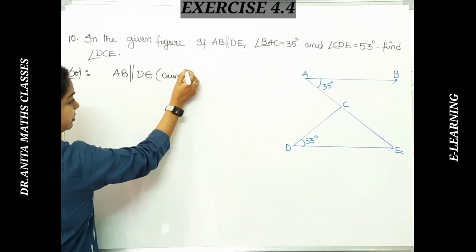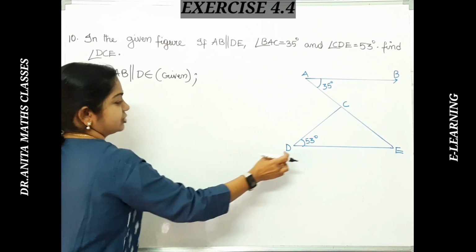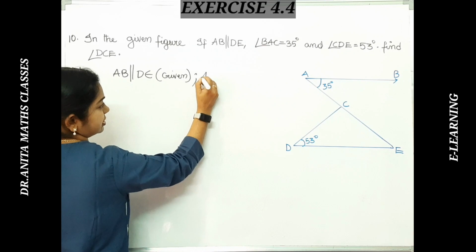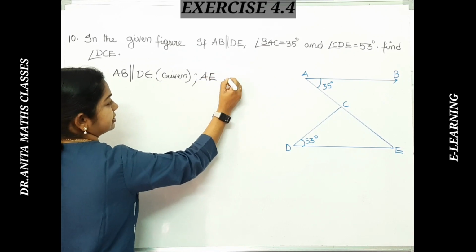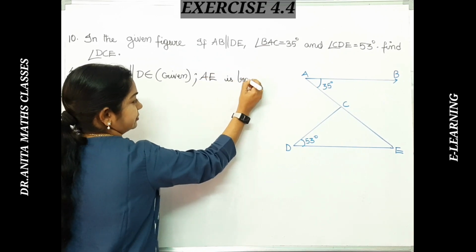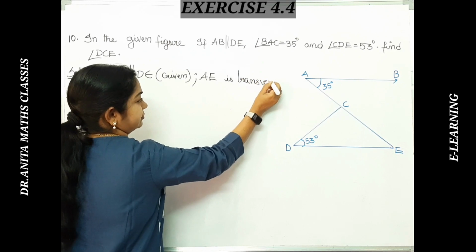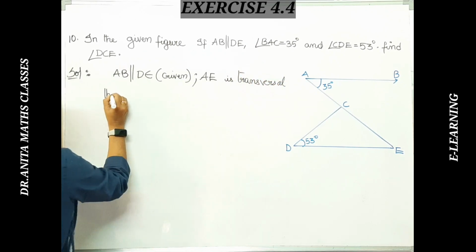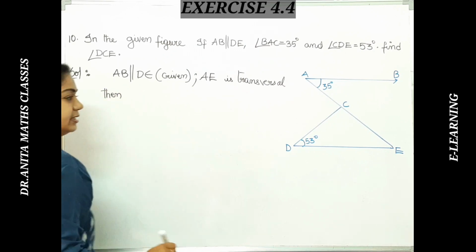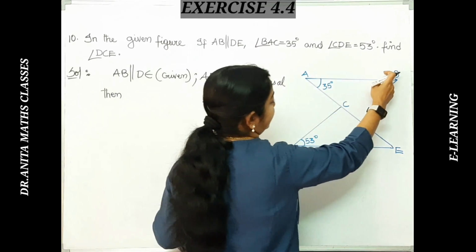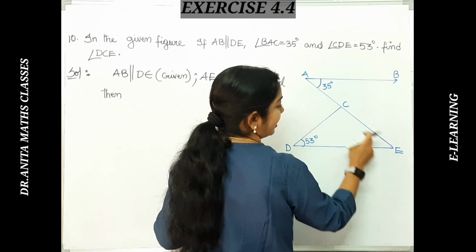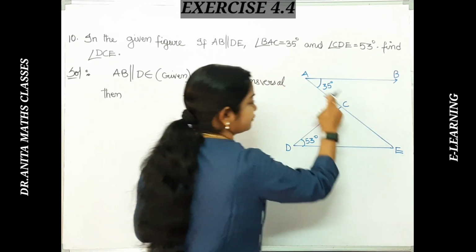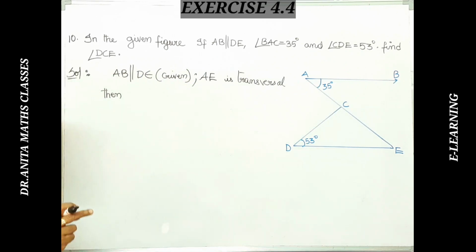And if these two are parallel, let us consider AE as transversal. Then, according to the properties of parallel lines, angle BAC and angle CED, these two angles form the interior alternate angles.